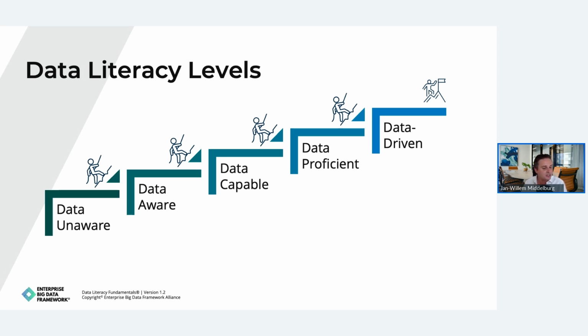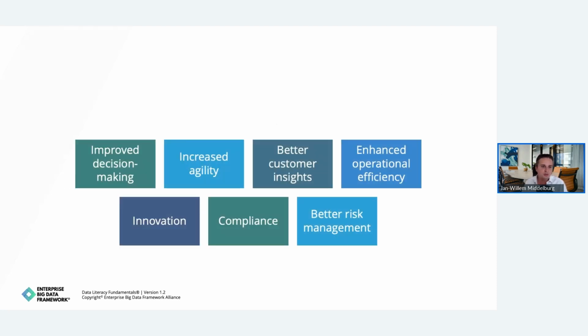So if you don't have anything today, it will take you on average about 2 years to become a truly data-driven organization. But it starts with understanding. It starts with knowing where you are today so that you can take the steps forward to move towards that data-driven enterprise.